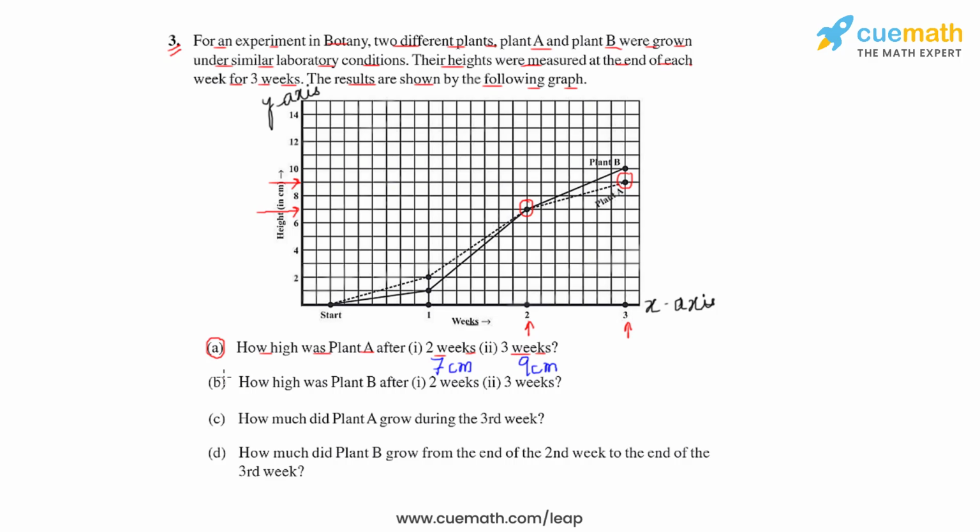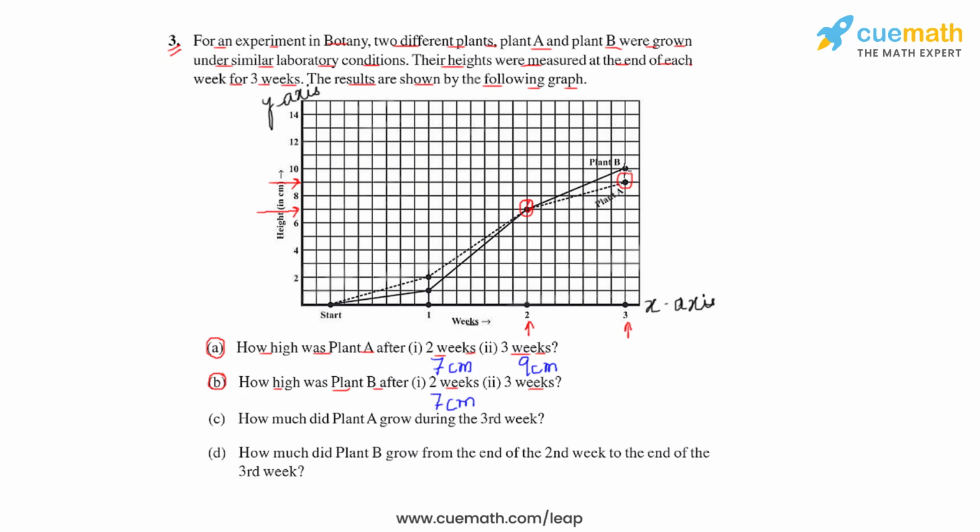Let us now move on to question B, where we'll have to give the height of plant B after 2 weeks and 3 weeks. So we'll just follow the same logic, and we see that after 2 weeks, this point will give the height of plant B as well, which is nothing but 7 centimeter on the y-axis.